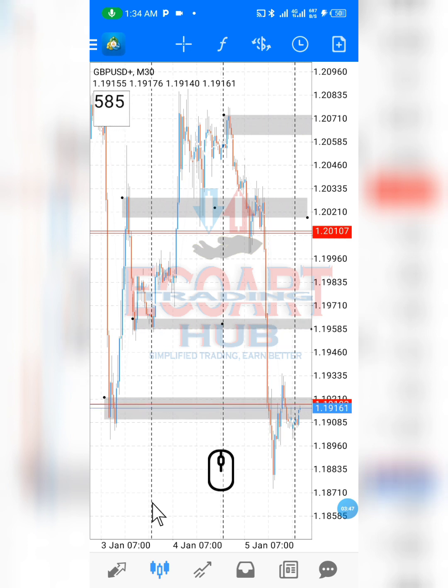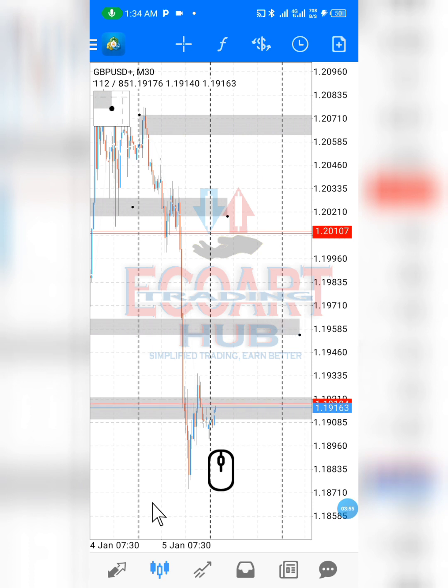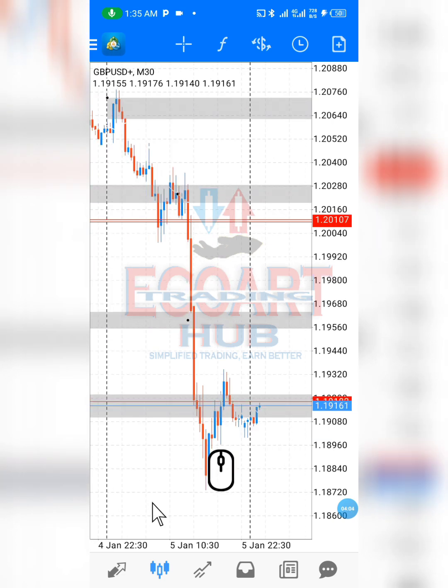Now take it down to the future. I'm going to extend it. So what happens is, as the market keeps forming, this line will keep extending, and we'll have our previous swing low as of yesterday. This was our previous swing low yesterday.